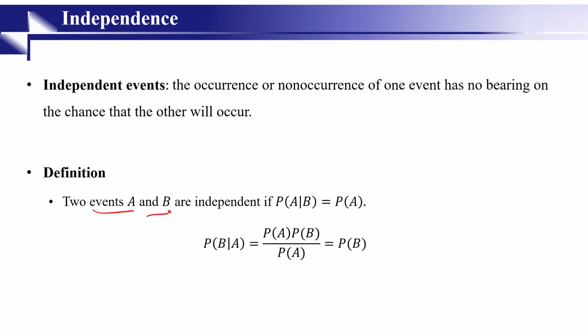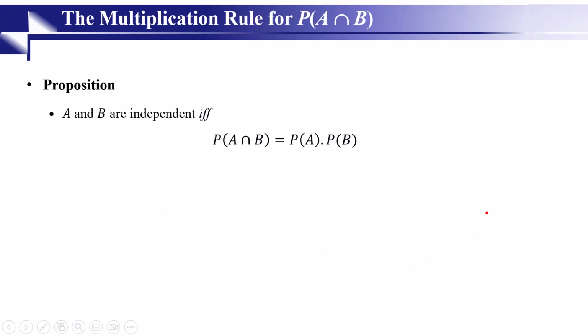So mathematically, we say probability of A given B is equal to probability of A. If that's true, then probability of B given A is also equal to probability of B. This is a big deal because it simplifies things a lot, as we will see next.